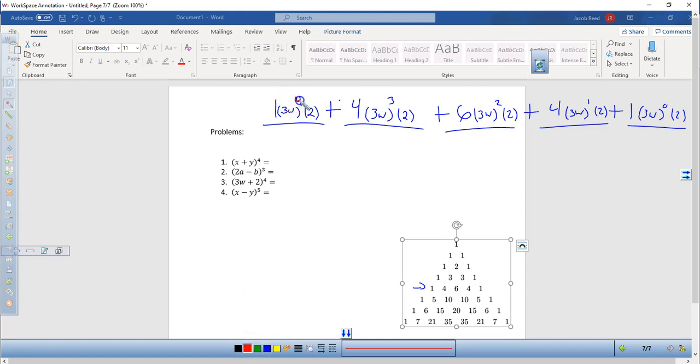Actually, can I do this in red again? So 4, 3, 2, 1, 0. Mark off the 0. Going backwards, same thing. So 4, 3, 2, 1, 0.